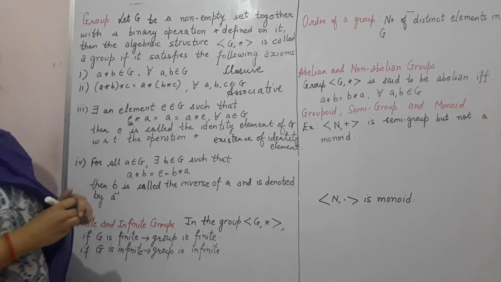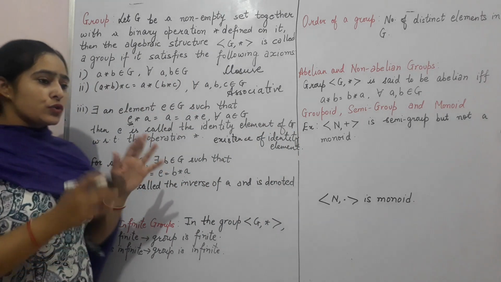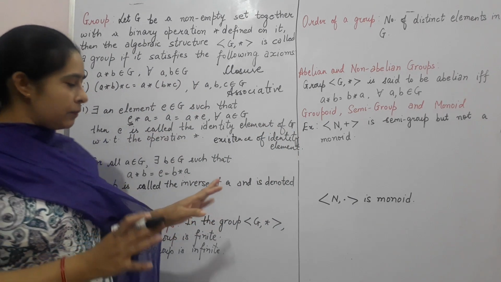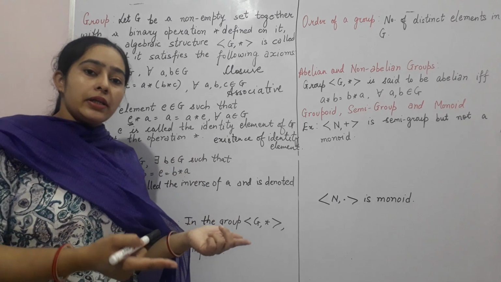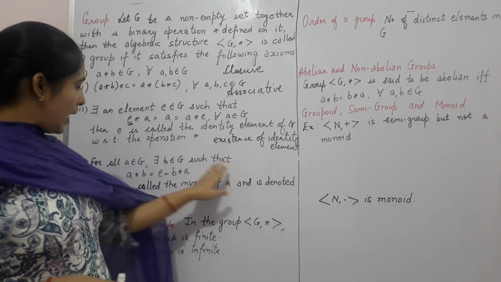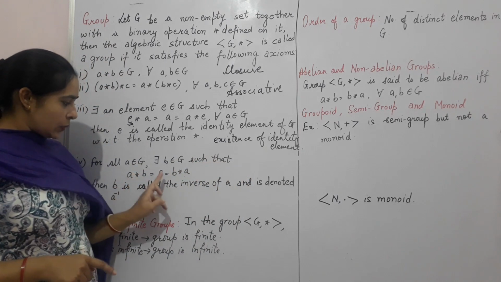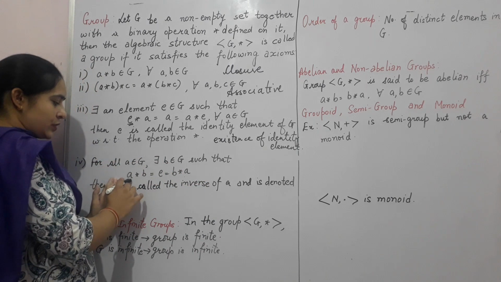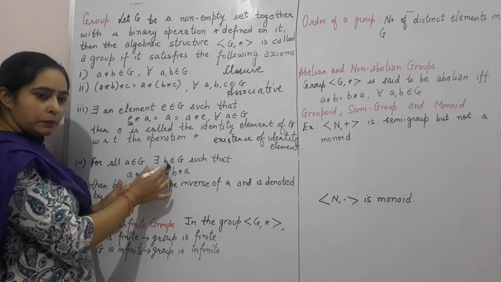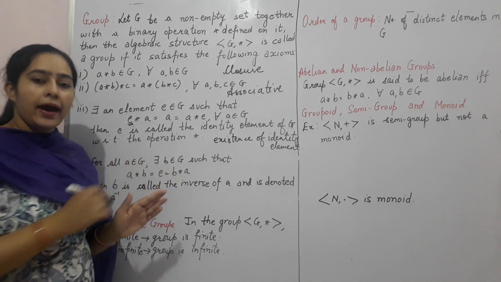Now, fourth property is, for every element a belongs to G, there must exist some other element b in G itself such that a star b is equal to e is equal to b star a. That is, whenever a is operated with this element b, then the answer should be identity.